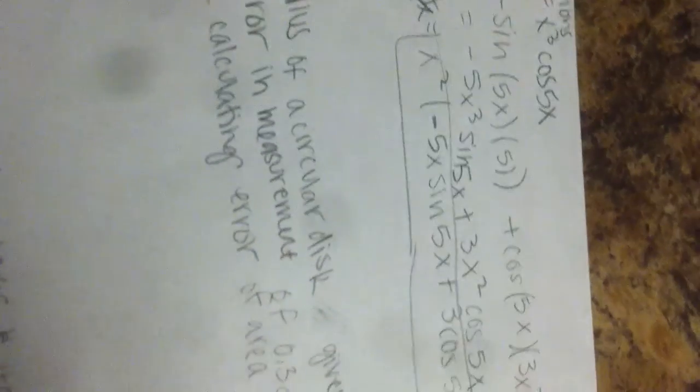But then I'd multiply it times dx, and that would give me dy equals x squared times negative 5 sine 5x plus 3 cosine 5x.